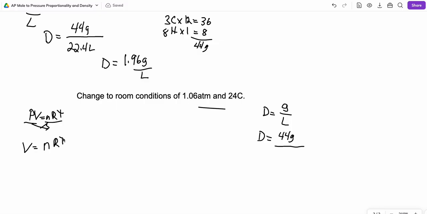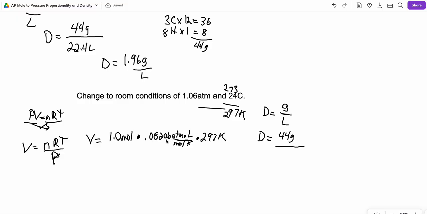That is going to be nRT over P. All right, so V is going to equal n, where we're still assuming 1 mole, times R. With R, it's 0.08206, the atmosphere R number, times liters divided by moles Kelvin, times T. Well, we got to work in Kelvin, so 297 Kelvin.